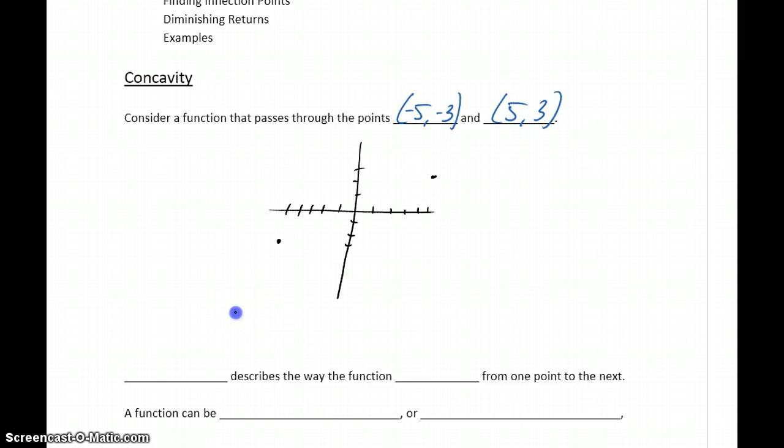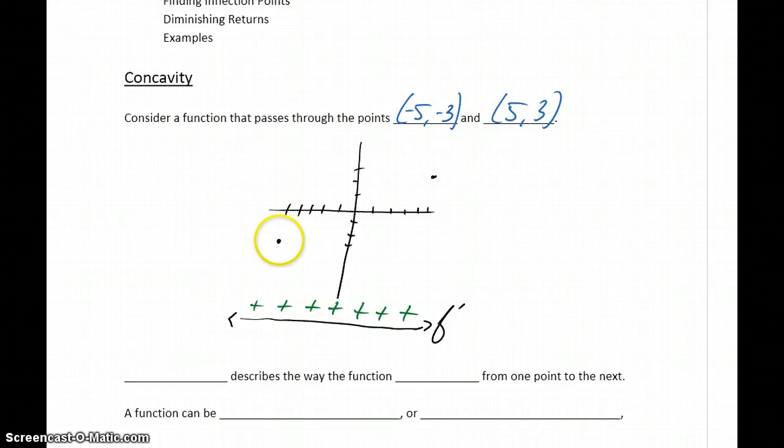So assuming that we look at a sign chart for the first derivative of a given function, and we know that on this entire interval our function is increasing, which makes sense if we're at -5, -3. To get to 5, 3, at least somewhere in there we have to be increasing. So the question becomes, if we know that our function is increasing to get from this first point to the second point, how is it curving to get to that second point?